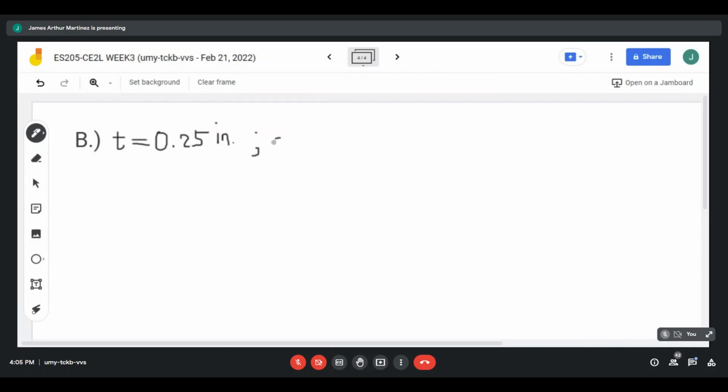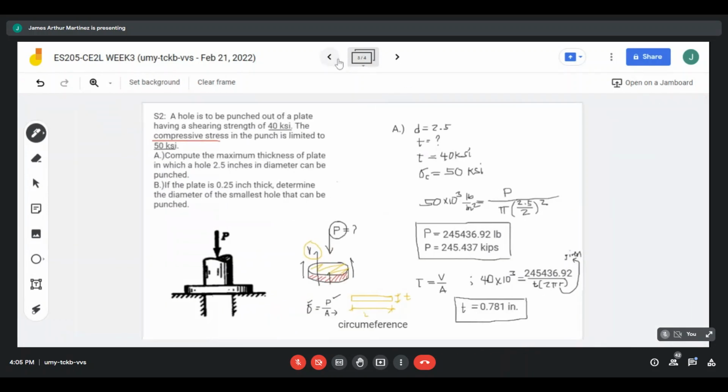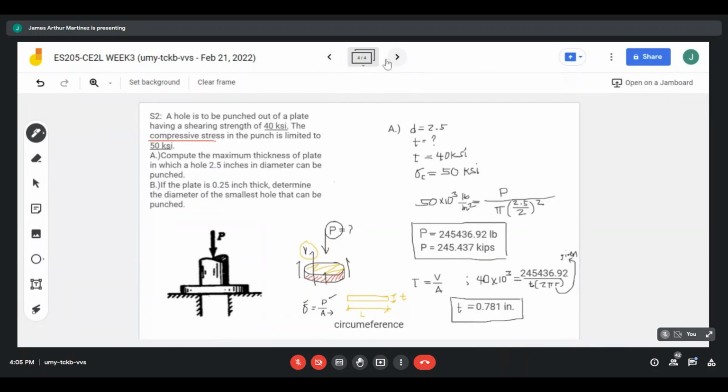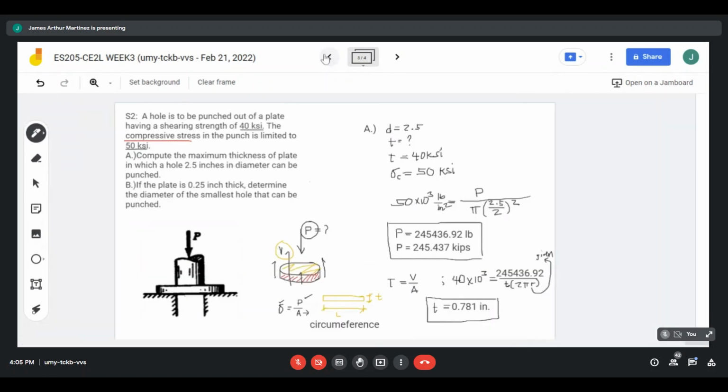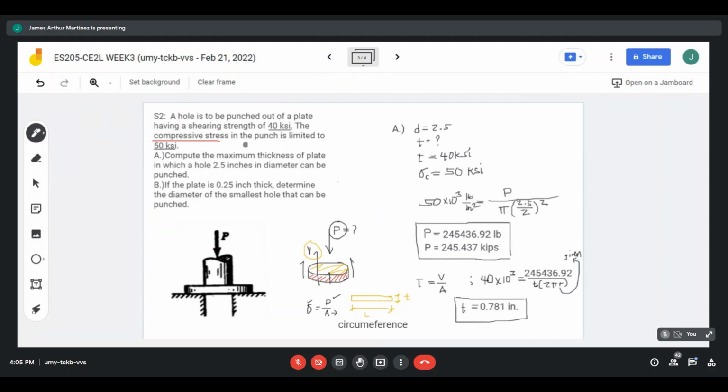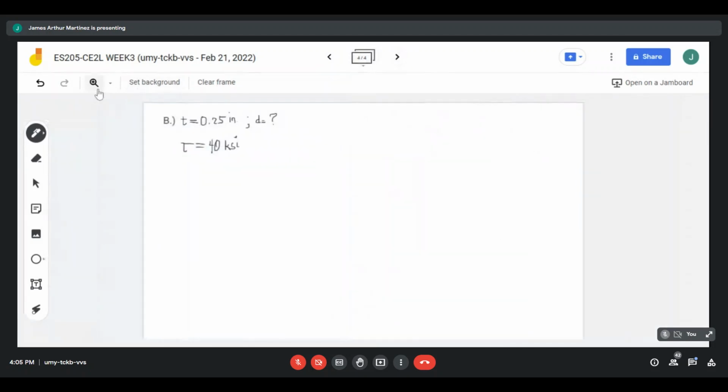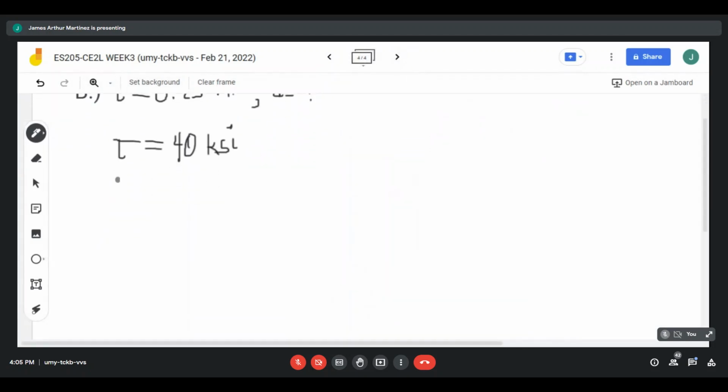Therefore, the diameter is what we look for. The same parameters are given: shear strength is equal to 40 ksi, and compressive stress in the punch is limited to 50 ksi.